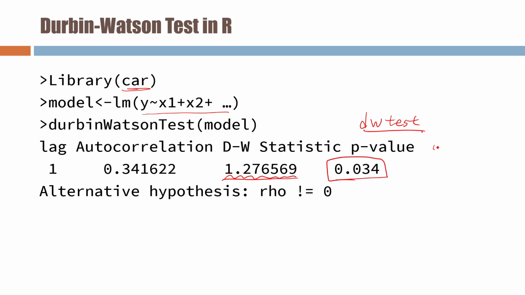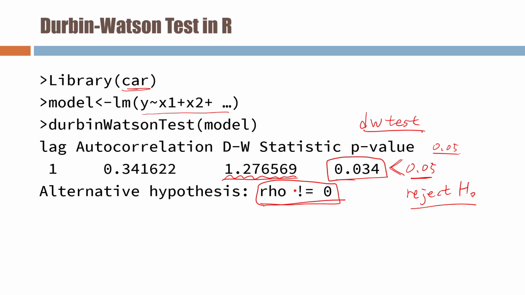So when we use a 5% confidence level, 0.05, since the p-value is smaller than 0.05, we can reject the null hypothesis, and then we can say rho is not 0. So the p-value is smaller than the critical point, so we can reject the null hypothesis.